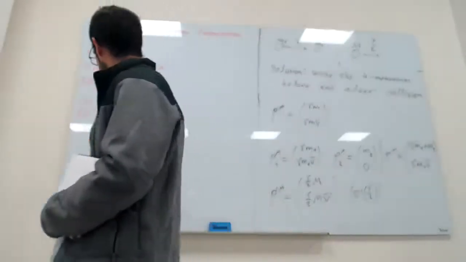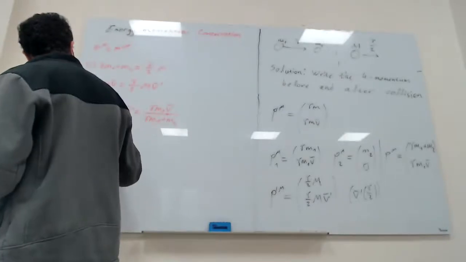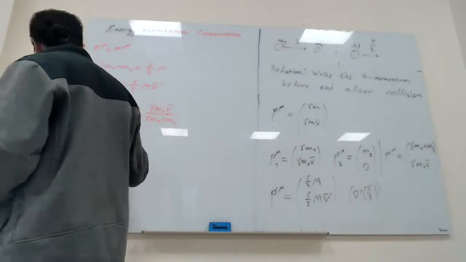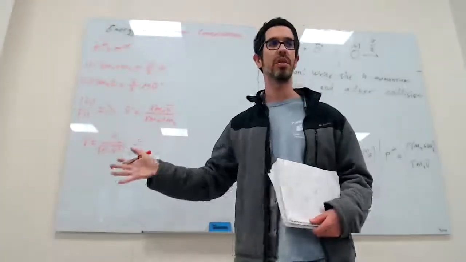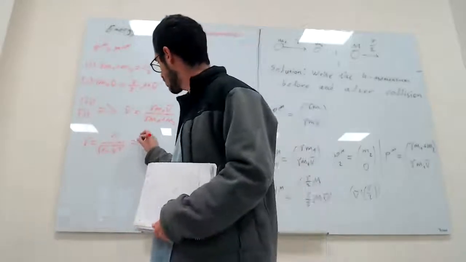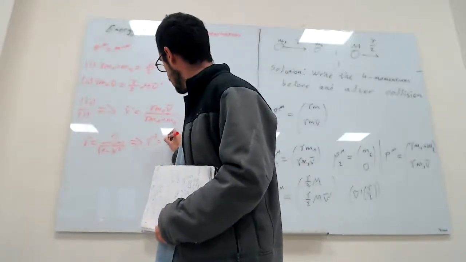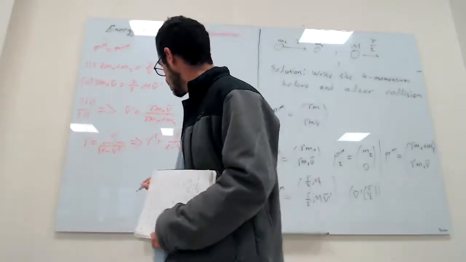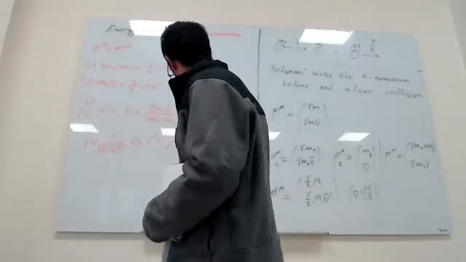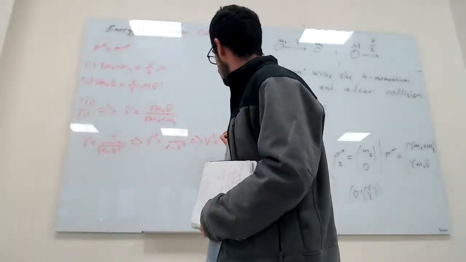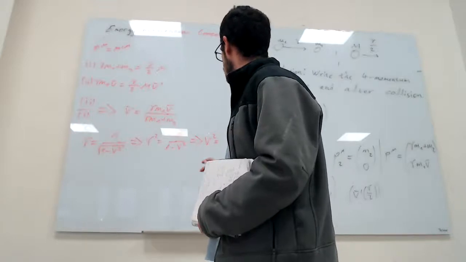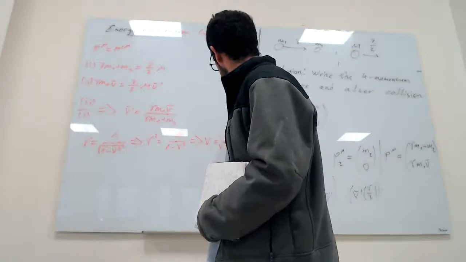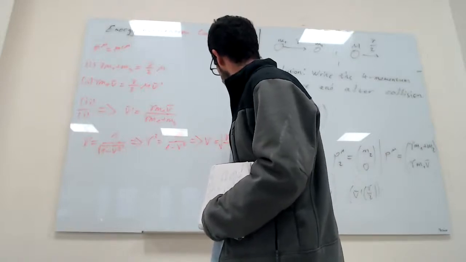So gamma equals 1 over the square root of 1 minus v over c squared, with c equal to 1. If we square both sides and rearrange, we get v equals the square root of gamma squared minus 1 over gamma squared.